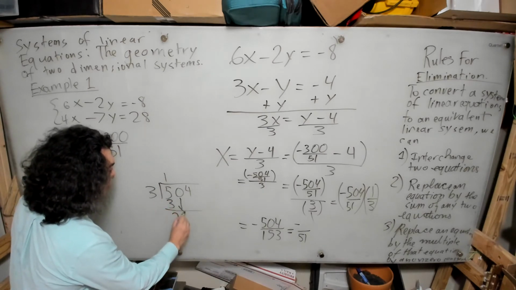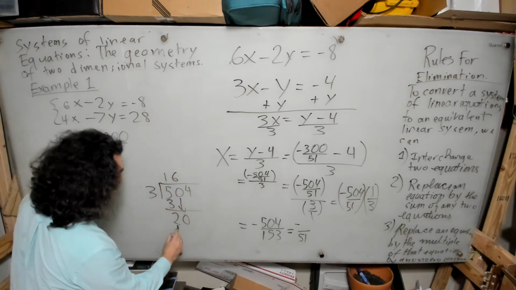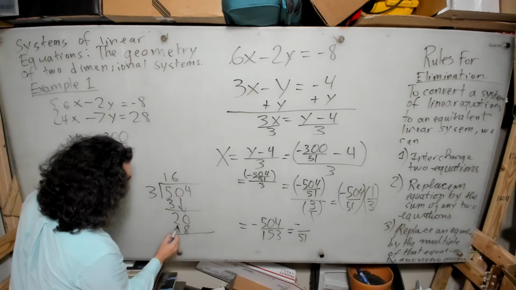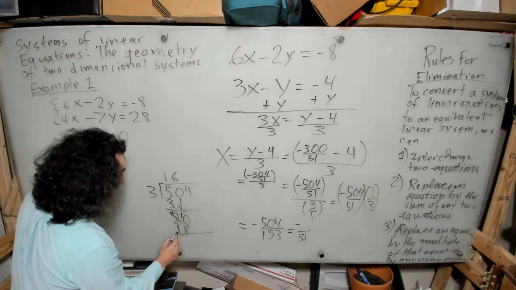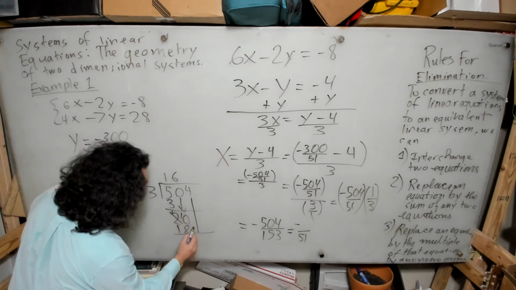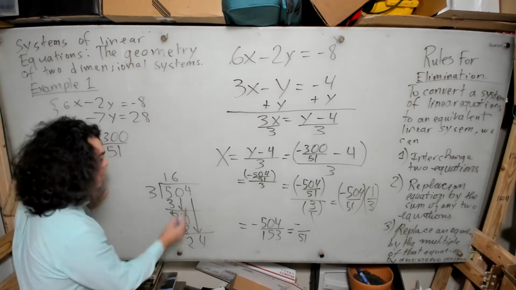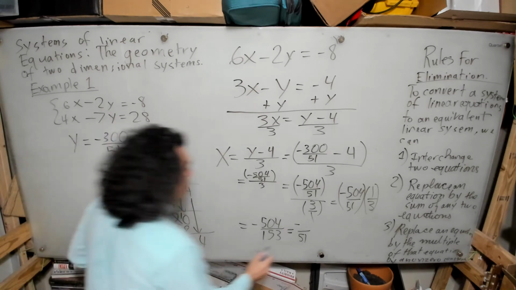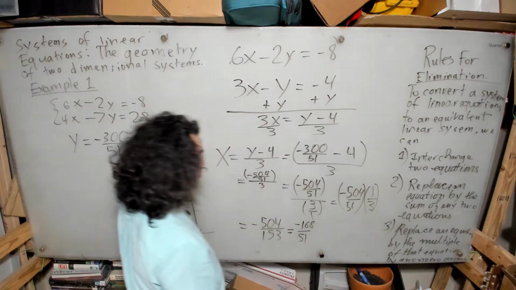I bring down my 0. 3 goes into 20 6 times. 6 times 3 is 18. 0 minus 8, I can't do that, so I borrow. This becomes a 1. This becomes a 10. 10 minus 8 is 2. 1 minus 1 is 0. And then I bring down my 4 like this. And I ask myself, how many times does 3 go into 24? It goes in 8 times. So I can see that this is negative 168 over 51.